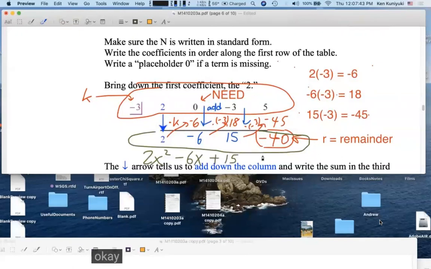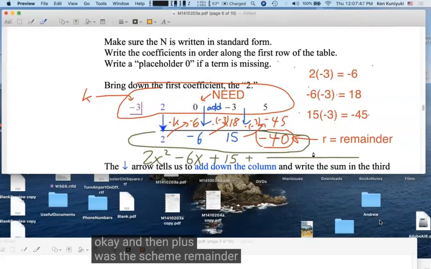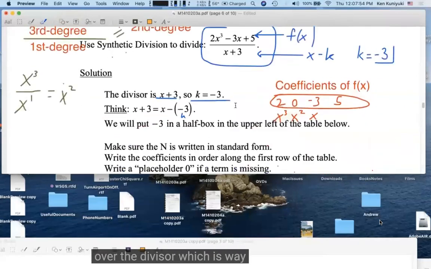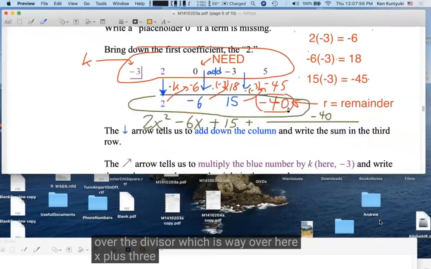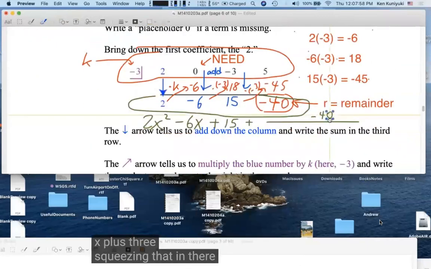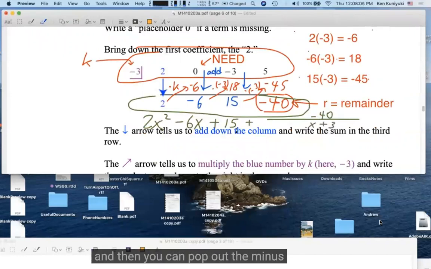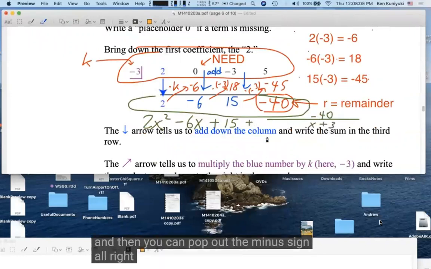And then plus the remainder, the negative 40, over the divisor, x plus 3. And then you can pop out the minus sign. And you would have gotten this from long division as well.